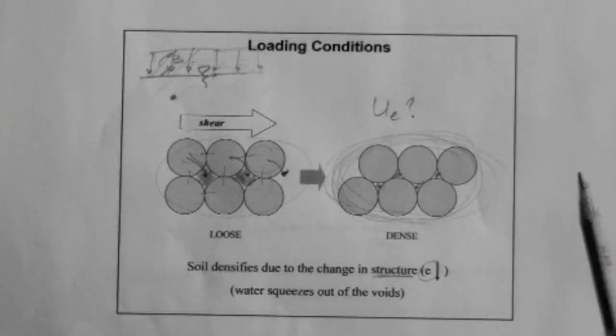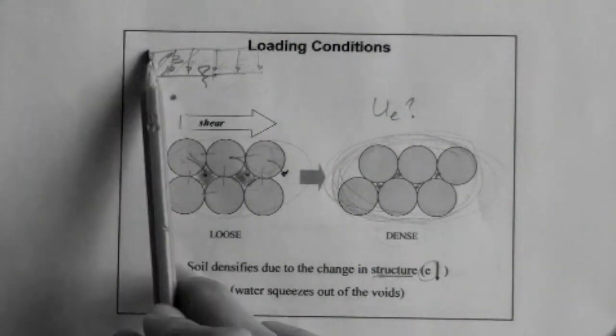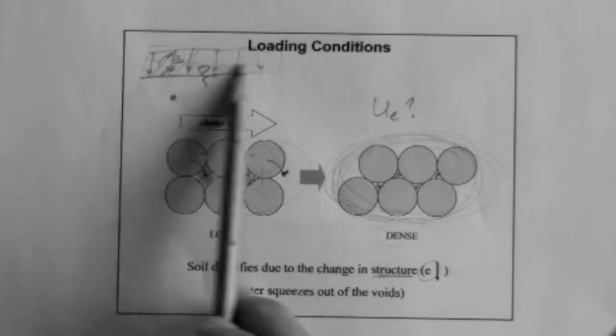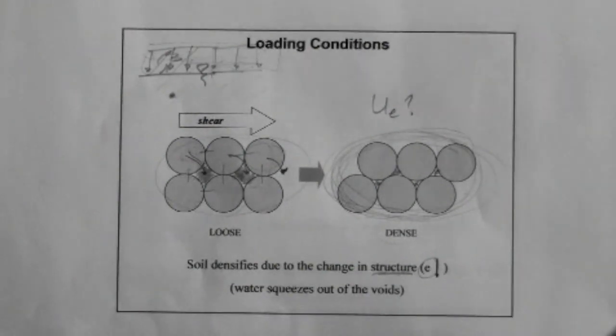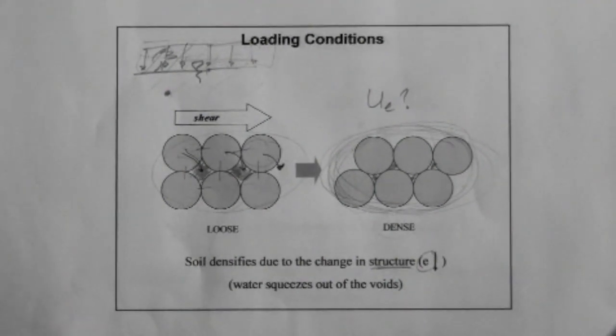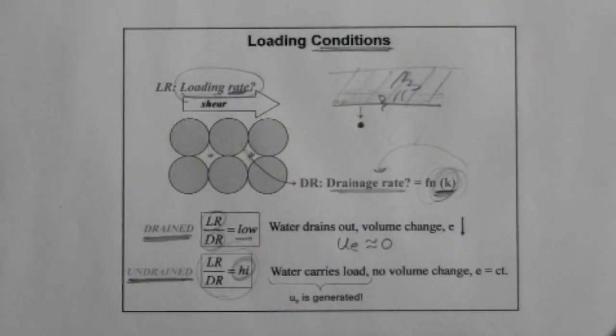But eventually could mean years after you actually construct this fill, and of course that time, a year or 2 years or 3 months or 2 days, that is something that we're going to calculate or learn how to calculate later on. But for now, it's important to know the concepts, of course.